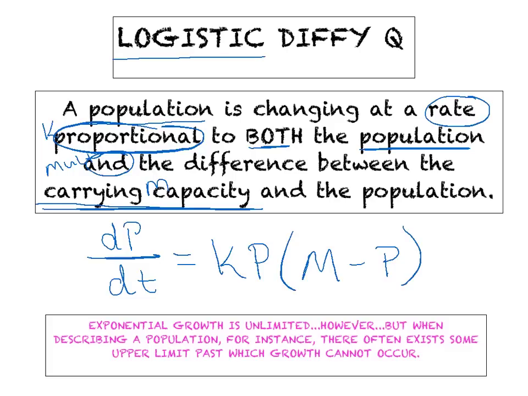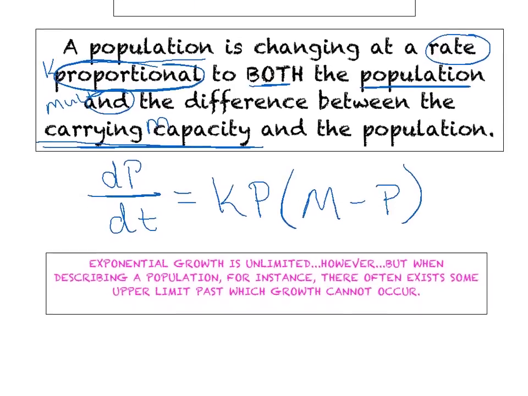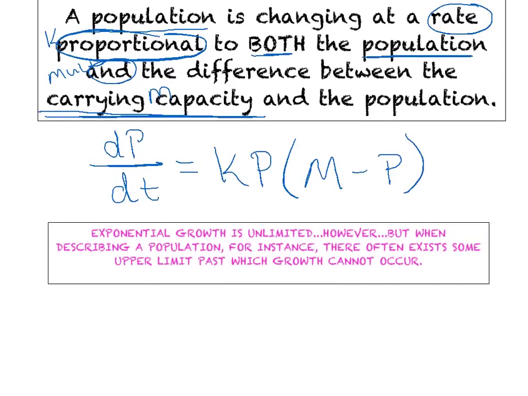So there's the Diffy Q that we're going to base everything off of today. The good news is it looks like a lot of chaos and a lot of letters there, but there are only two variables. P is a variable, t is a variable, k and M are both constants. And just as an important side note, it's going to be important later on, t is the independent variable.